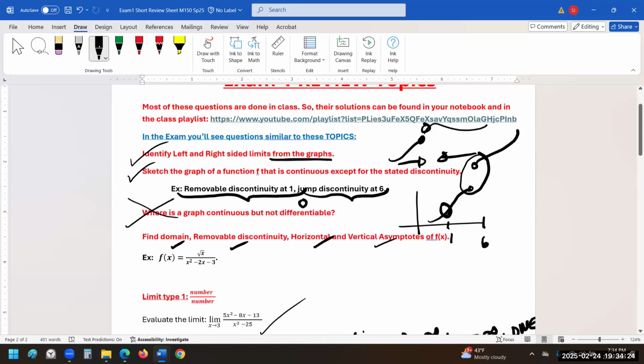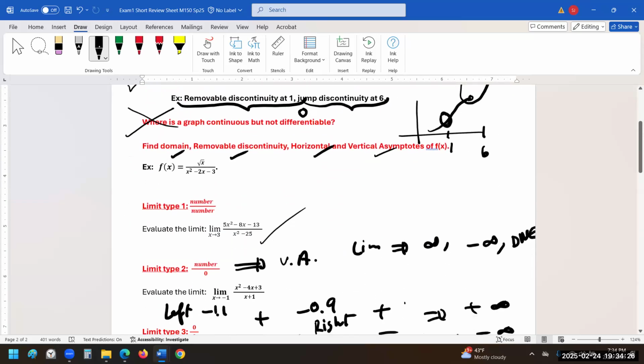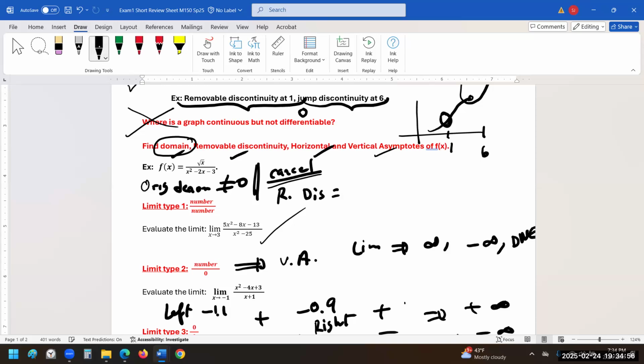And now if you forgot the vertical asymptote, to find the vertical asymptote, let's start with the domain. Domain is always the original denominator not equal 0. So original denominator not equal 0, and then you solve for x from there. And then you simplify, then you factor, you cancel. Now, if you can cancel something, that cancel is going to give you a removable discontinuity.